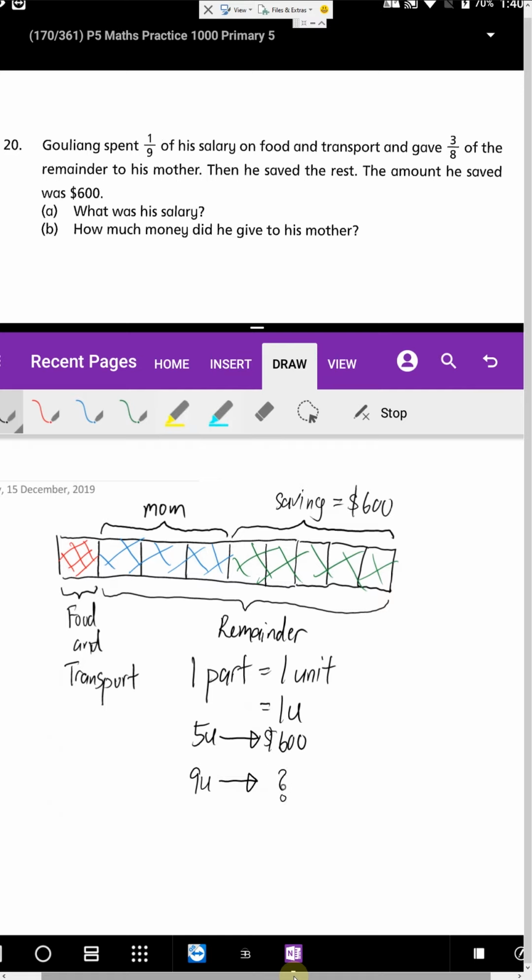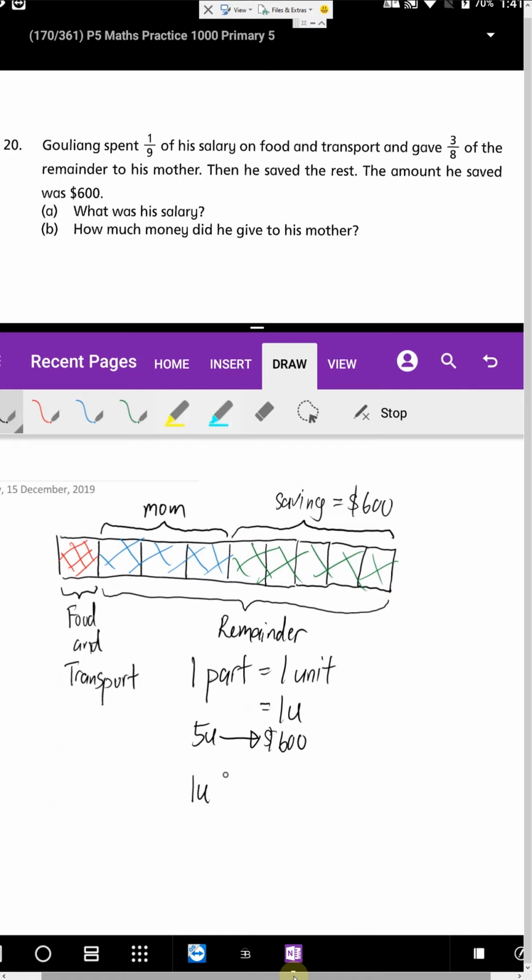How can you find the amount of money for 9 units? Some of the students can solve this kind of relationship, but some can't. Why? Because they skip one step. What is that step that is needed? Before we find out the amount of money represented by 9 units, we're gonna find out how much money is represented by 1 unit first.